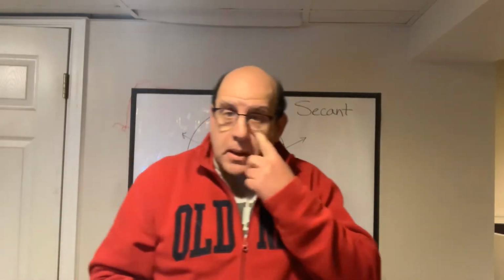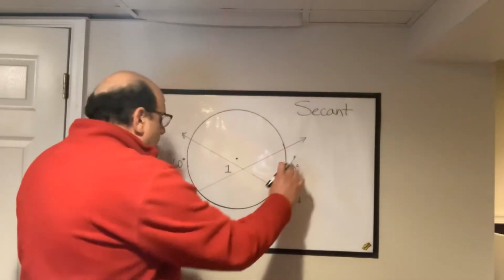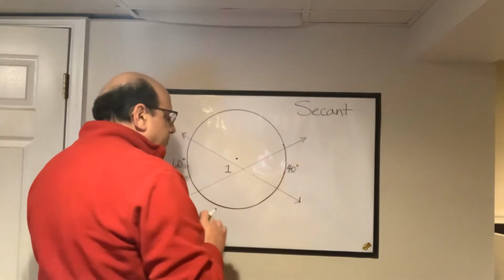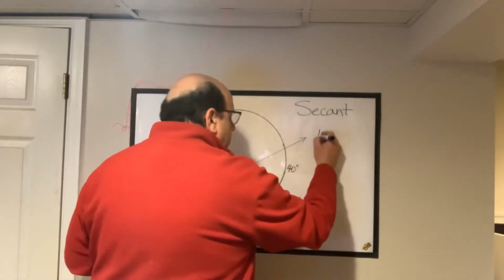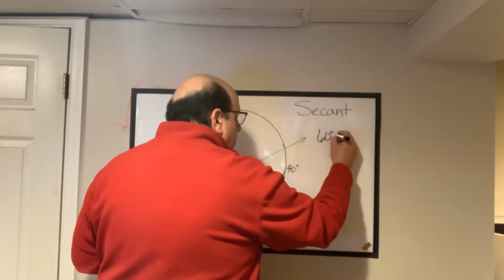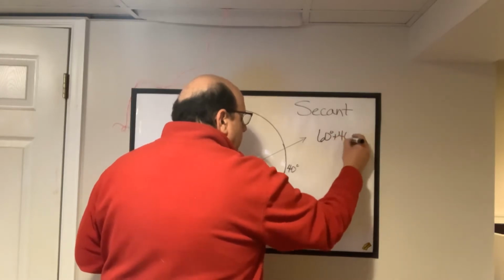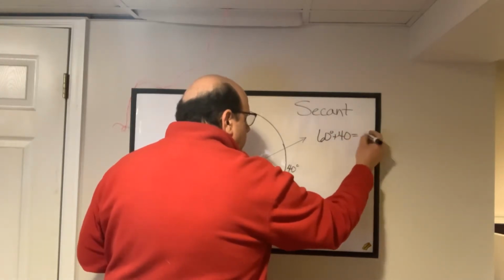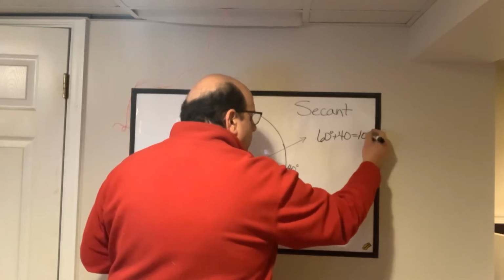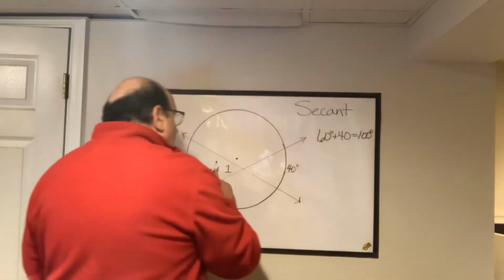So I need to add the two arcs together: 60 plus 40 equals 100.